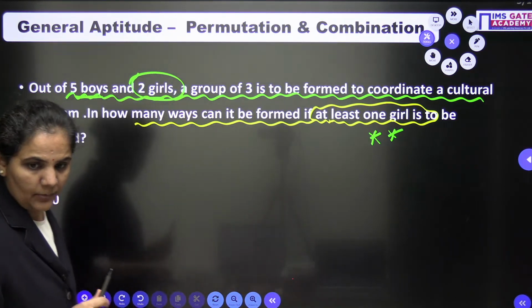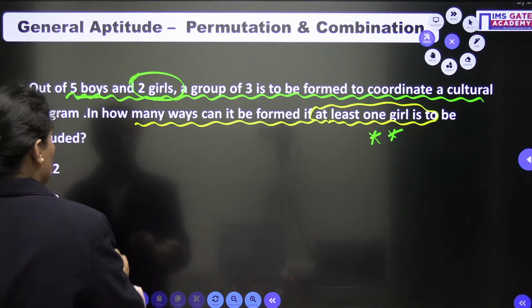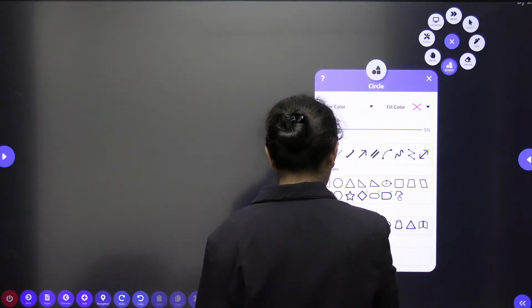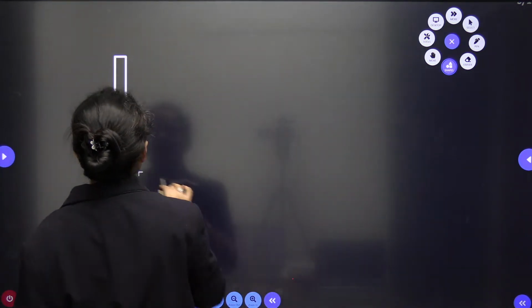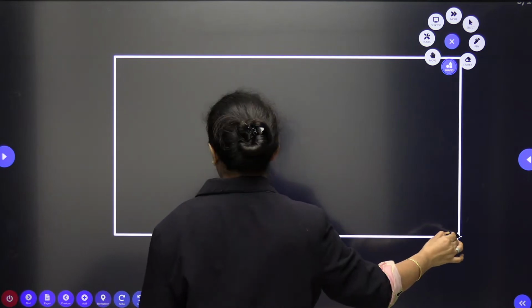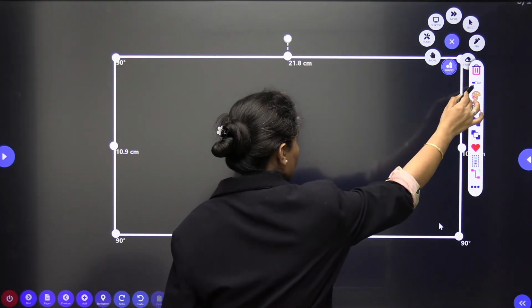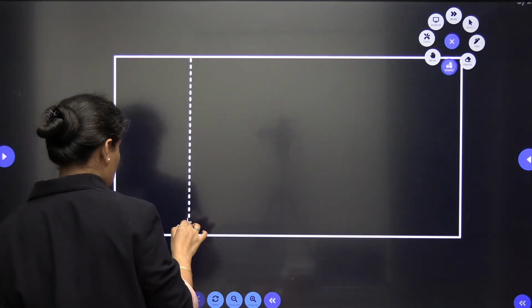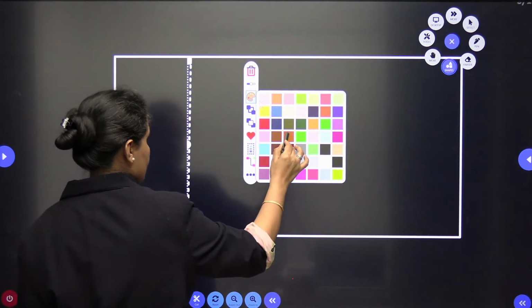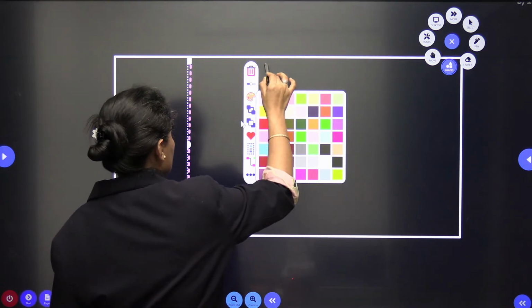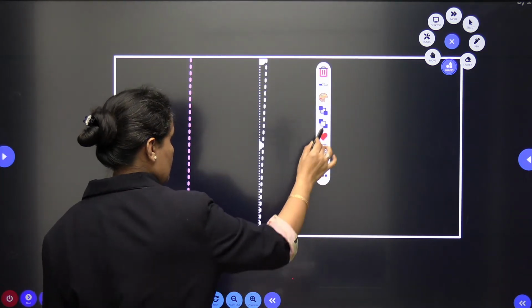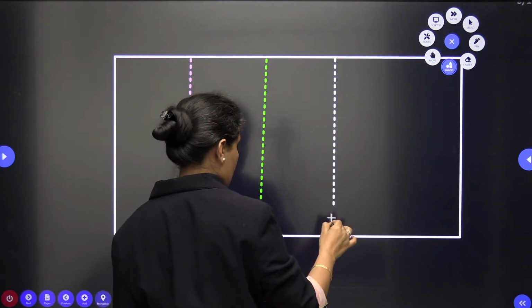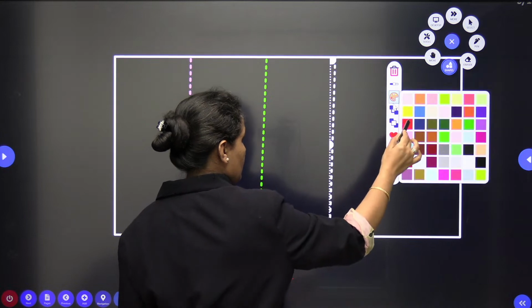Okay, now let's approach it. No, it's not 22. Let's approach it. So let me make a simple table for you, so that very easily you can have everything related to that table. The first possibility, the second possibility, and here the third possibility.